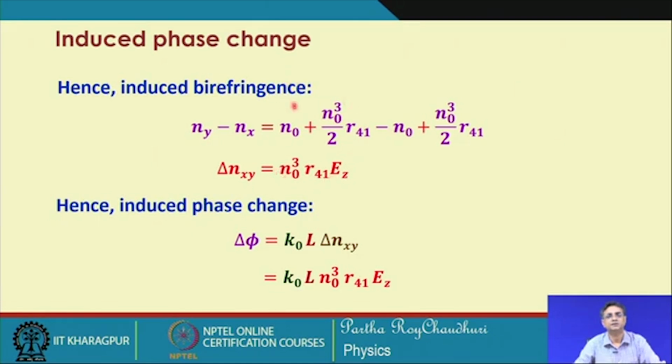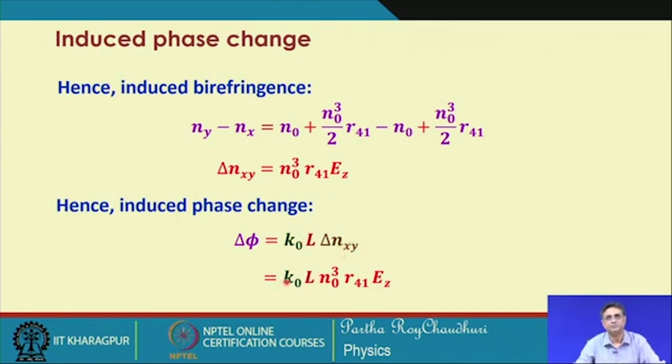which is double that of the phase modulation case, where there was a divide by 2 factor here. The induced phase change in this case, you will have to multiply with k 0 and the length of the crystal. So, this will be the induced change in the phase between the two orthogonally polarized lights in the new principal axis system.